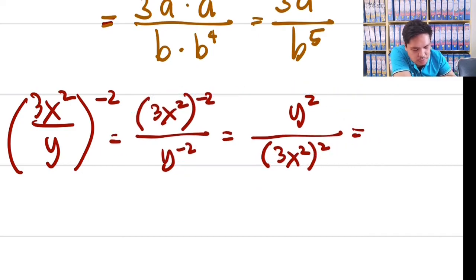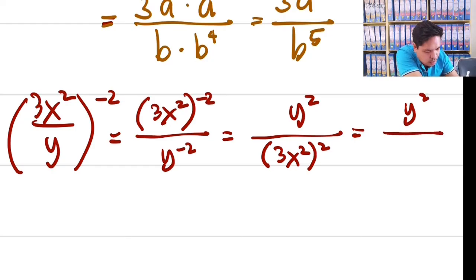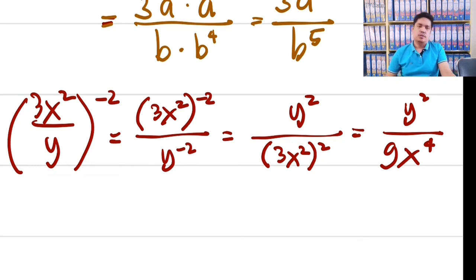Okay? So, dito, this will become now y squared over, eto, distribute din natin. So, 3 squared. What is 3 squared? That's 9. Tapos, x squared squared. Just multiply 2 and 2, 4. So, that is one solution.